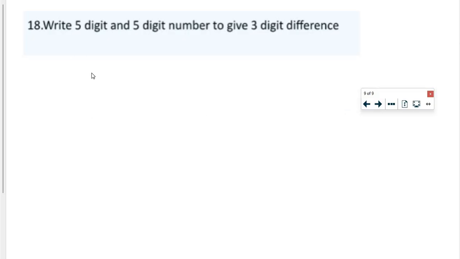We need to have 5-digit numbers. A 5-digit number, meaning make 5 spaces. In these spaces, there should be 5. 1, 2, 3, 4, 5 spaces. So we have a 5-digit number with another 5-digit number to give a 3-digit difference.